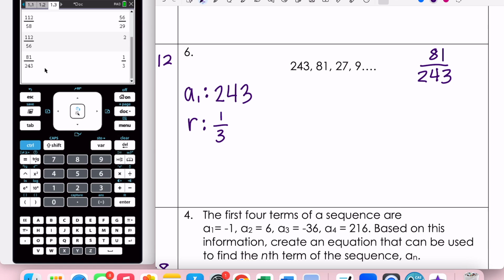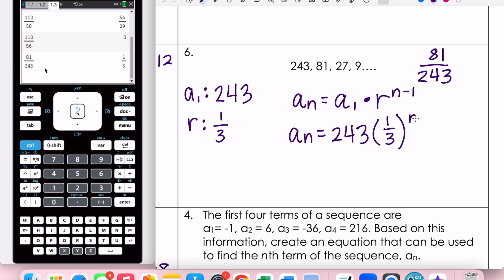So again, I'm going to plug this into the formula. We have a sub n equals a sub 1 times r raised to the power of n minus 1. So here I have a sub n equals my initial term, which is 243, times my common ratio, which is 1/3, raised to the power of n minus 1.